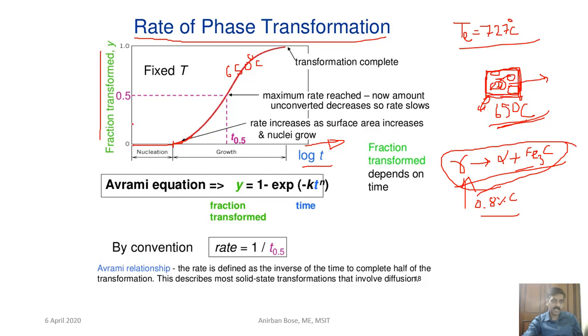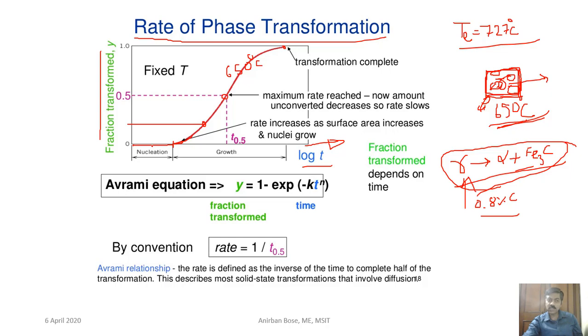Maybe 20% austenite has been converted into pearlite, then 50%, and here 99.9% austenite converted into pearlite. So this curve indicates how much has been converted over time, and how much time it will take to transform completely from full austenite to full pearlite.